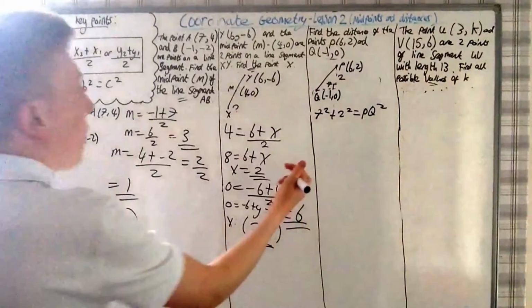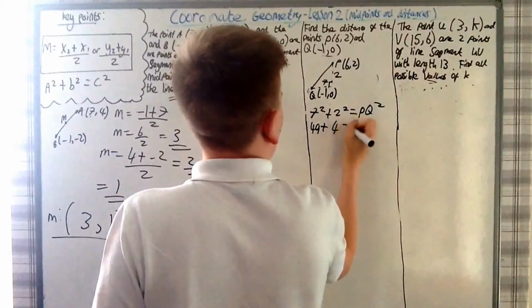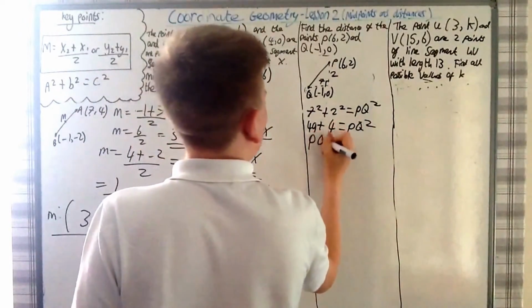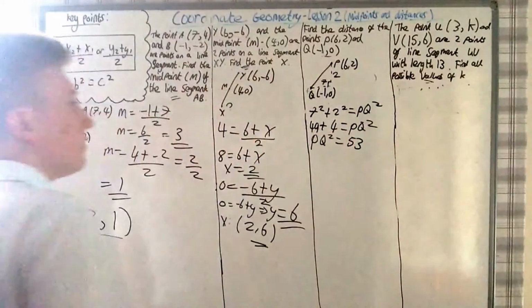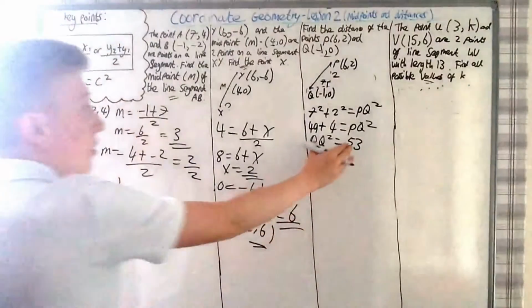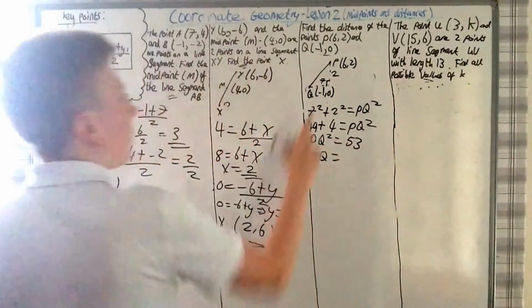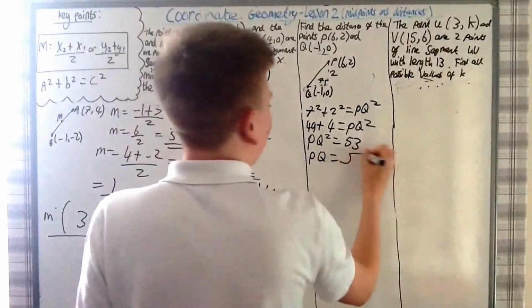So, 7 squared is 49, 2 squared is 4, and this equals PQ squared. So PQ squared is going to be 53. So if we square root both sides, we get the length of PQ. So the length of PQ is just a square root of 53.